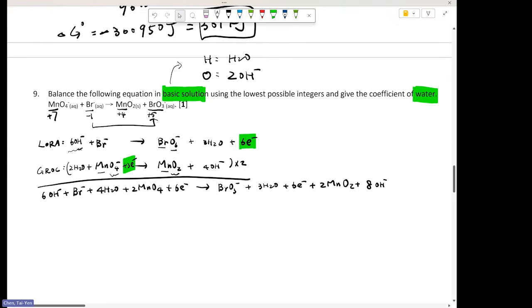Okay, once you have this, the 6 electrons will cancel out. 3 H2O cancel out, so you have 1 H2O remaining. The 6 OH minus cancel, so 8 becomes 2.